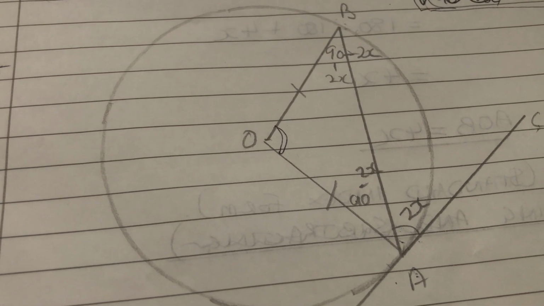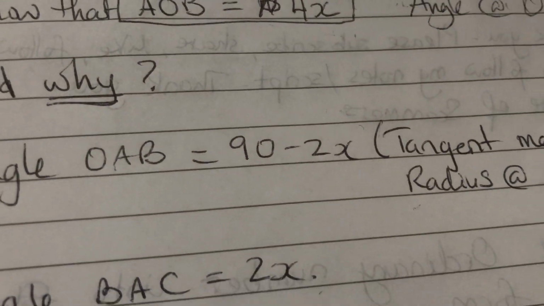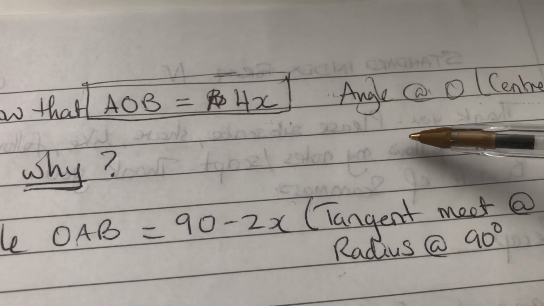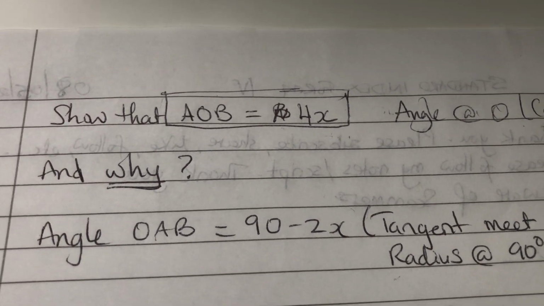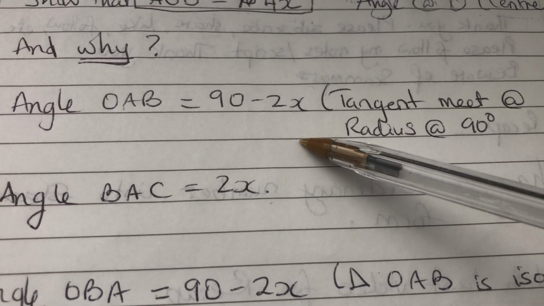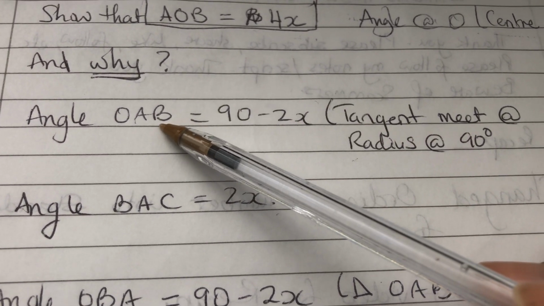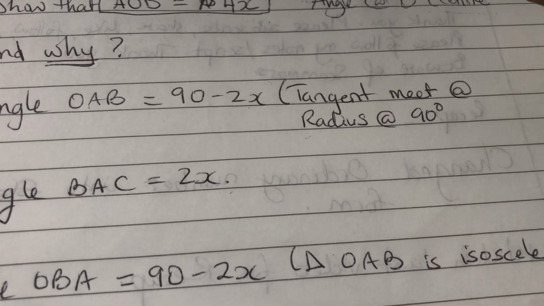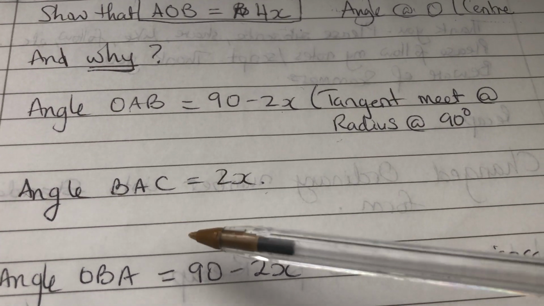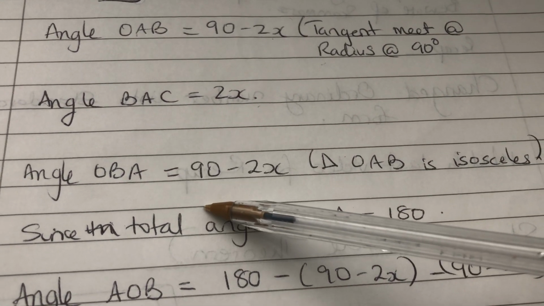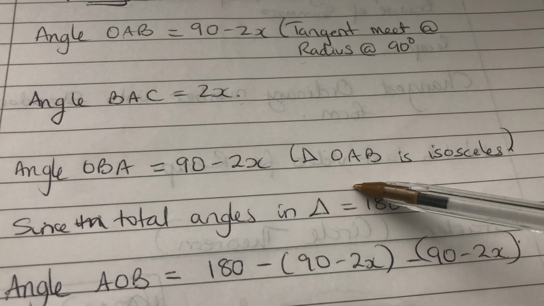Okay, so I'm going to start answering the question. Show that AOB is 4x. We should look at the diagram and why. So angle OAB, that is the angle at A, is 90 minus 2x, which I have shown you. The angle BCA is 2x. The angle OBA is 90 minus x.